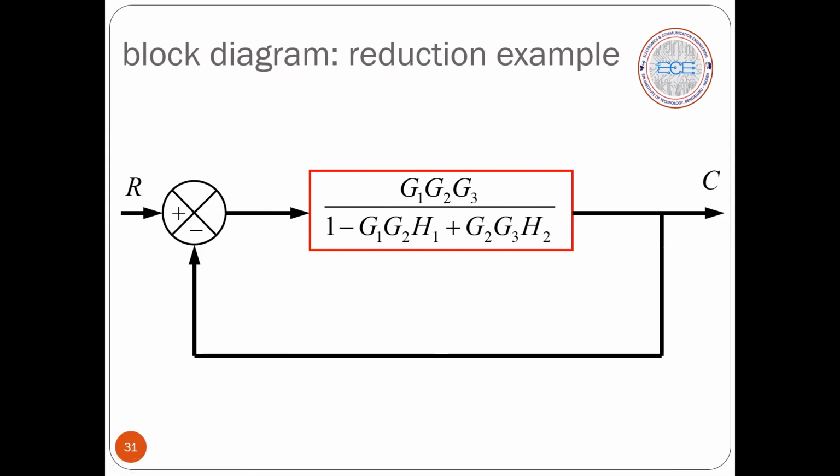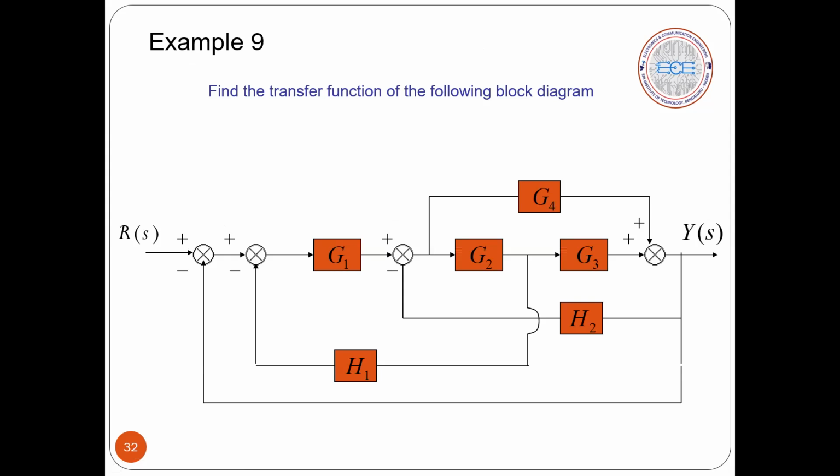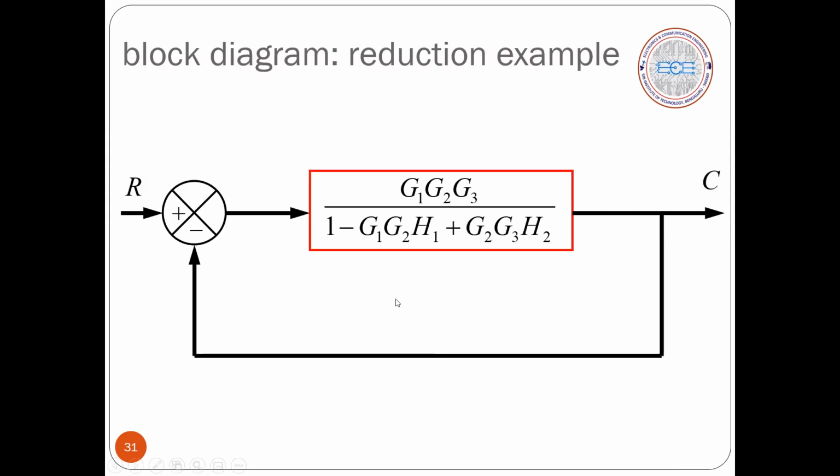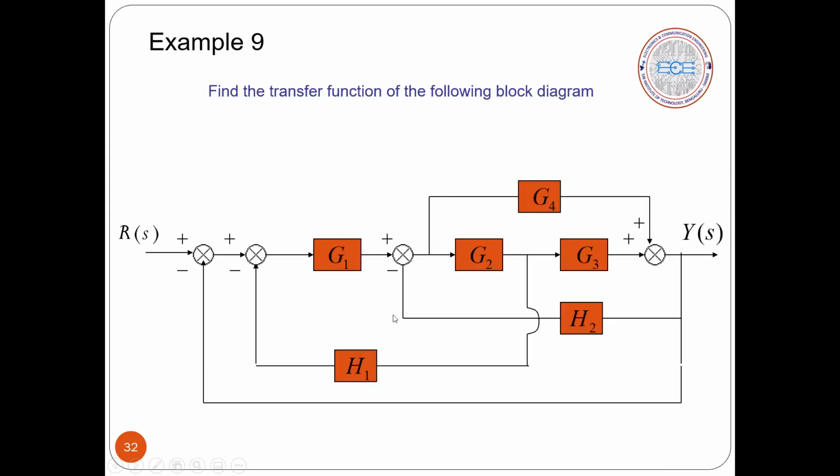This you can further simplify to one single block, or else this itself is the last step we can call it, so that we can calculate the different parameters like control ratio, error ratio and forward block gain, reverse block gain, all those parameters. It's easy for calculation if you keep the block diagram in a canonical form. So this is what the final reduced block diagram we have. Further, you can reduce this for C by R estimation, or else we can keep this as the final reduced block.